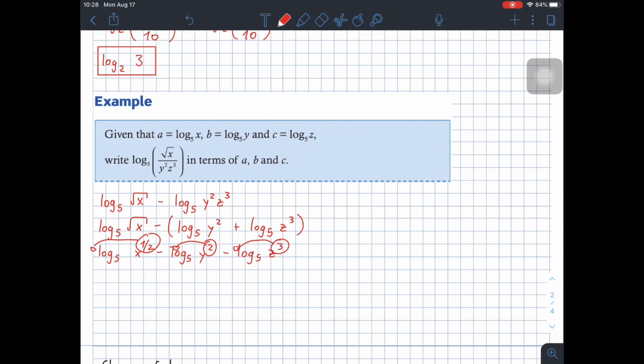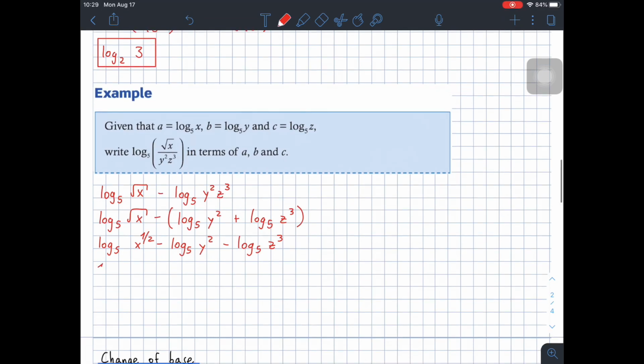I can bring all of the exponents to the front. So that's the next step. I'm going to say this is equal to 1/2 times log base 5 of x minus 2 times log base 5 of y minus 3 times log base 5 of c, right?